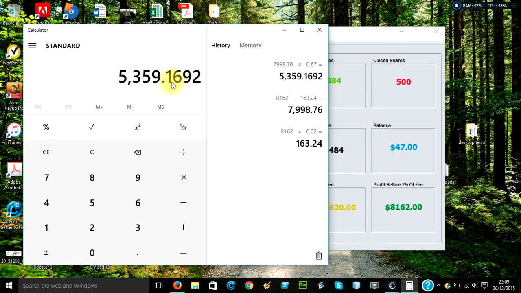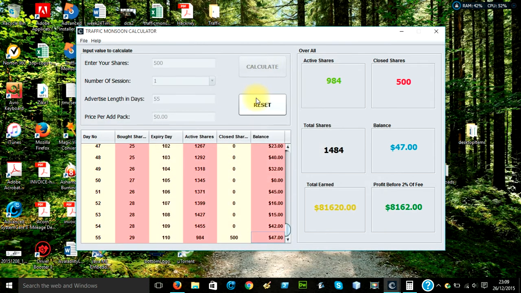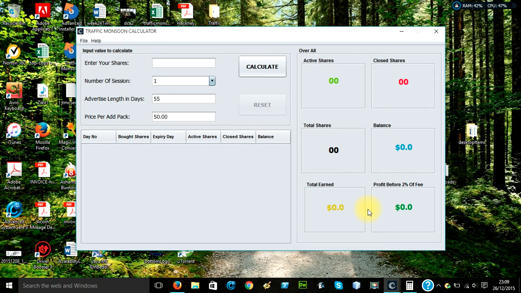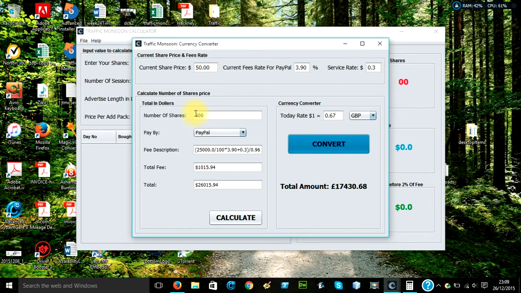Now this calculation was for 500 shares. Suppose you want to buy 100 shares, then you need to know how much you're going to pay and how much you're going to earn in 55 days of investment. So let me go there, and instead of 500 here, just retype 100 and click which company you're going to use, PayPal, Payza or Solid Trust.